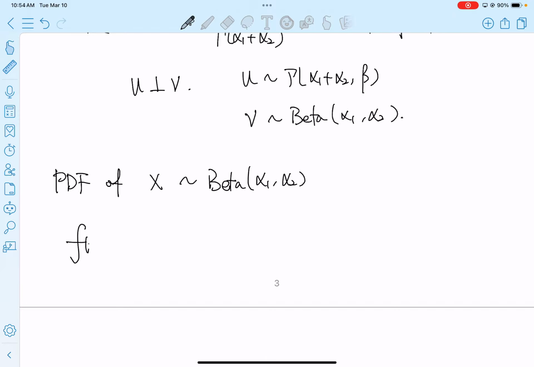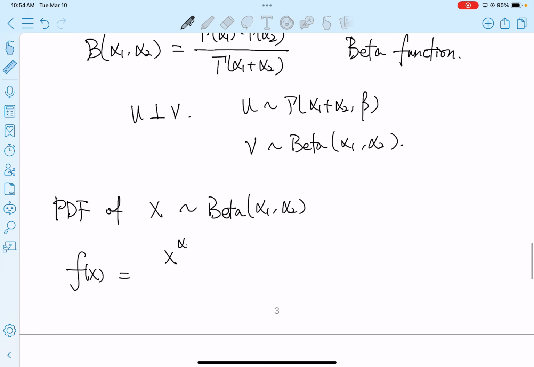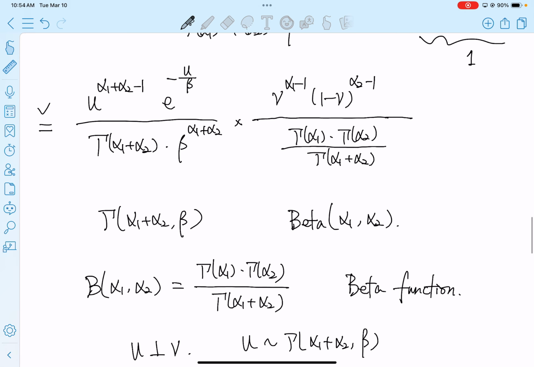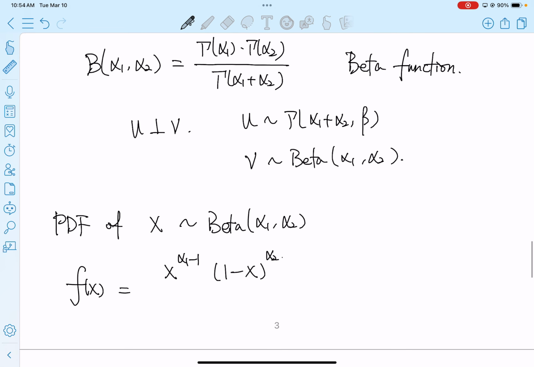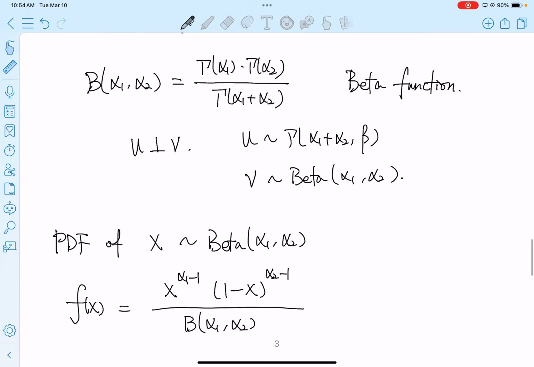It is f of x equal to x raised to the power of alpha 1 minus 1, times 1 minus x raised to alpha 2 minus 1, over the beta function of alpha 1 and alpha 2, where the beta function is defined as the product of the gamma functions over a gamma function. And that is the density function for that. Does that answer your question? Yeah, thank you.